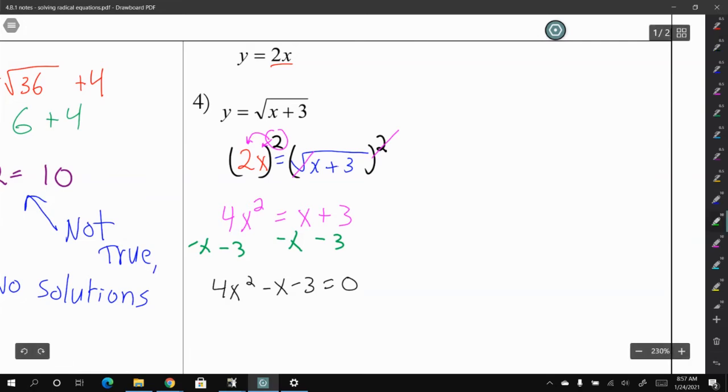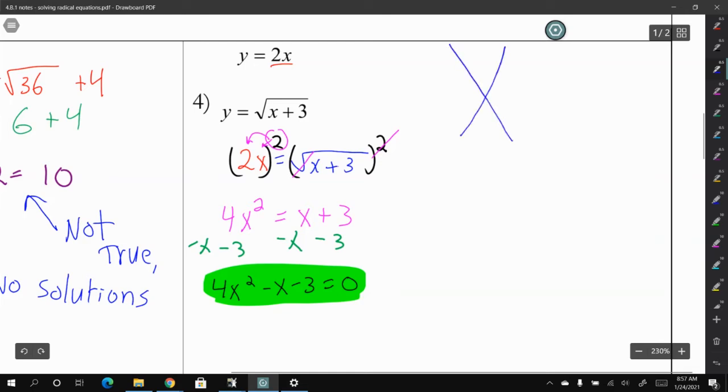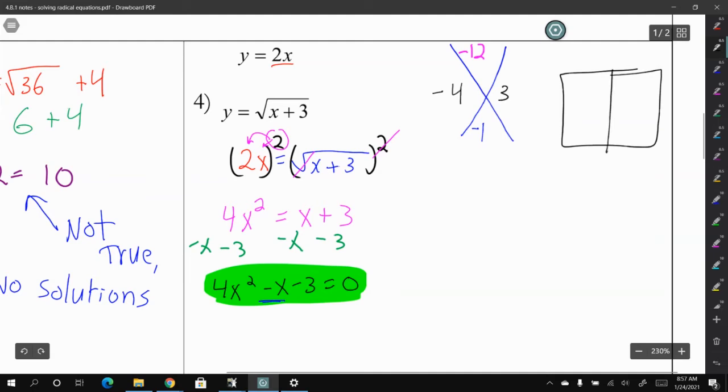So now we need to factor this using our skills from the quadratics unit. And we're going to be doing the x box. So -1 goes on the bottom of the x, and then -12 goes on the top of the x. So 2 numbers that multiply to -12 but add to -1, that's going to be -4 and +3. So when I do my box, we're still going to put 4x squared in the upper left, -3 in the lower right.